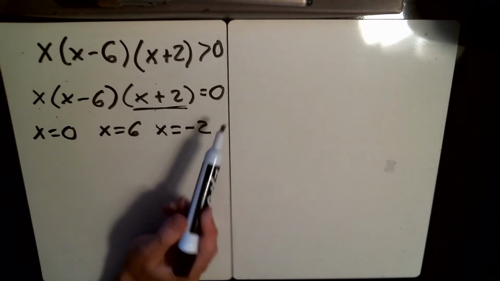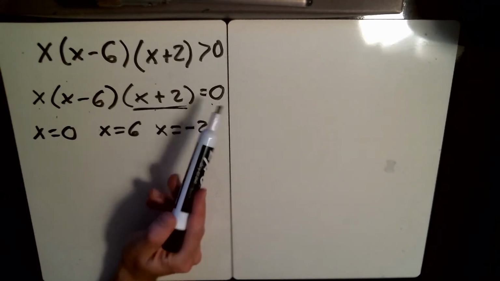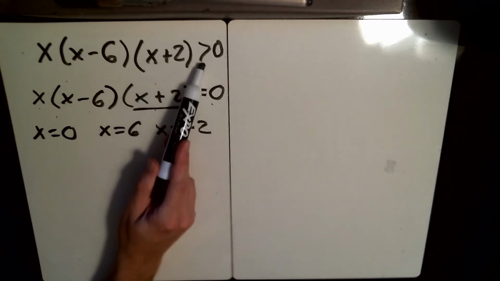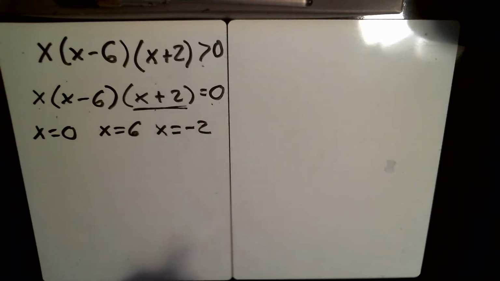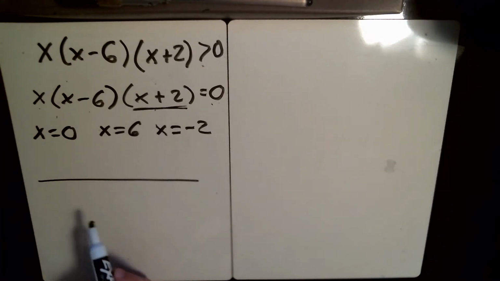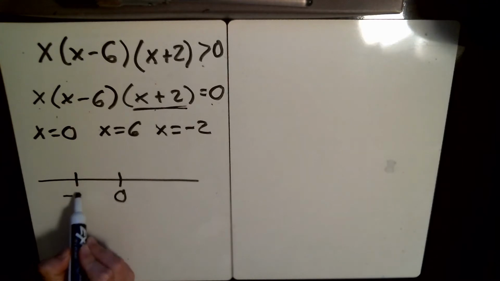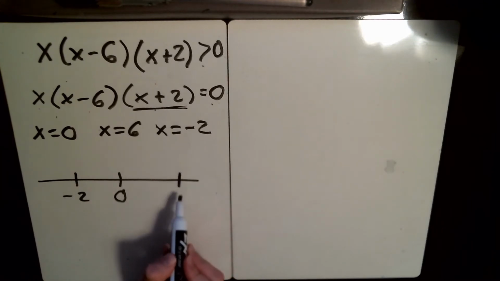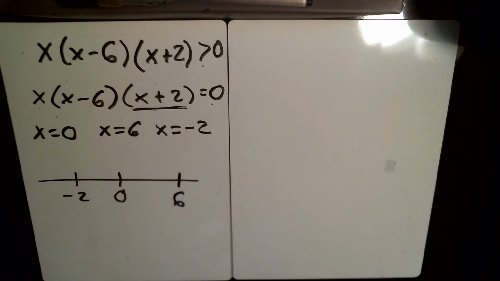Okay, but we weren't really looking for equaling 0 in the end, right? We're looking for bigger than 0. So we take those numbers and put them on our number line. We've got 0 in the middle here, -2 over here, and 6 over here. I'm just sketching; this is not to scale.